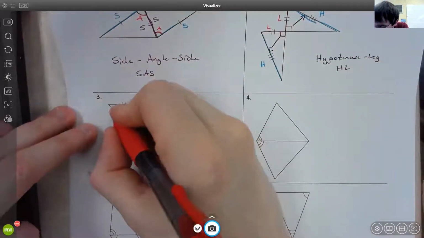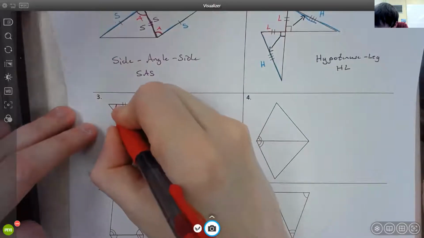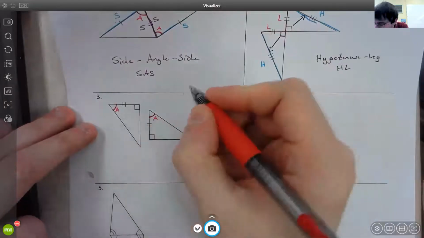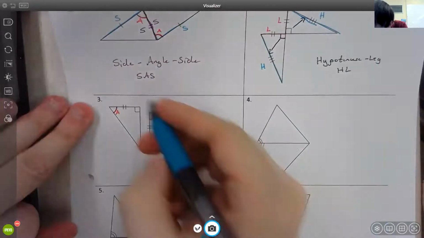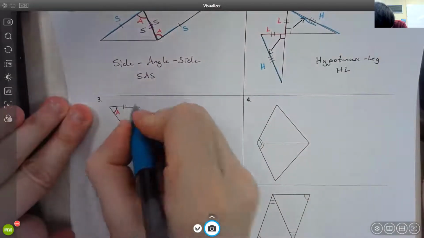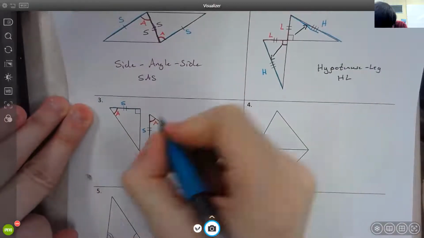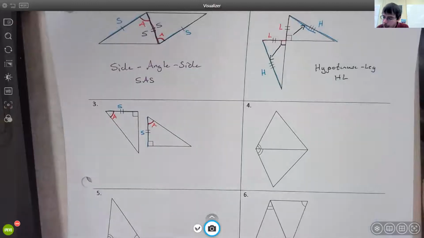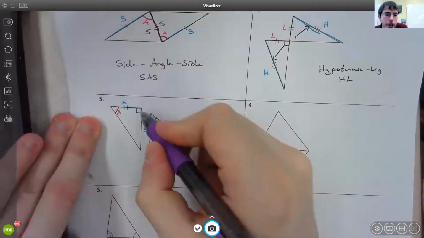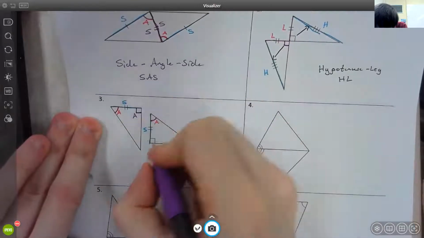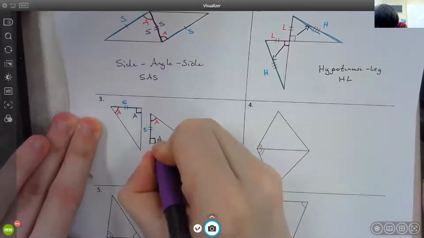We have an angle here, and that matches up with this angle here. And we have this side here, and this side here. And then we have two right angles here. Now we know those angles are congruent, so we have another angle here and another angle here.